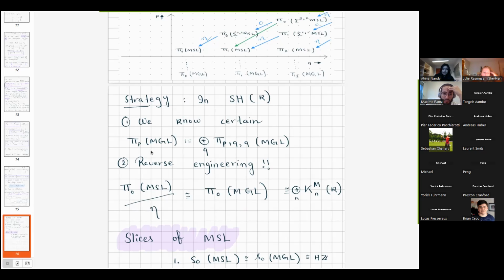So we can talk about, say, pi_p of any spectrum. The p is fixed, and c is the difference between the two gradings. If you fix p to be 0, which is the easiest case to compute, it turns out that pi_0 of MSL, whatever it is, if you divide it by eta, you get whatever it is for pi_0 of MGL.